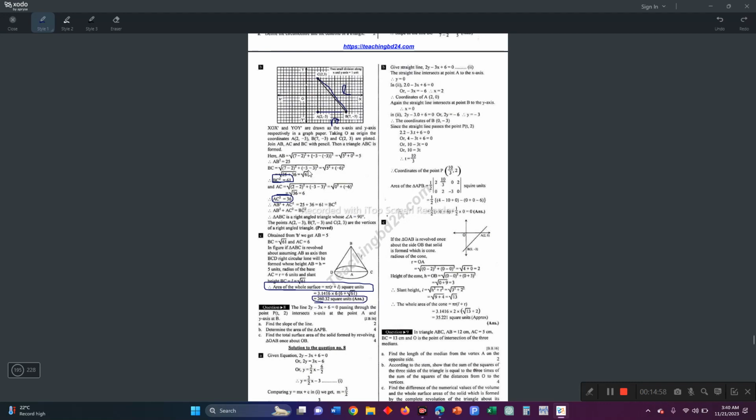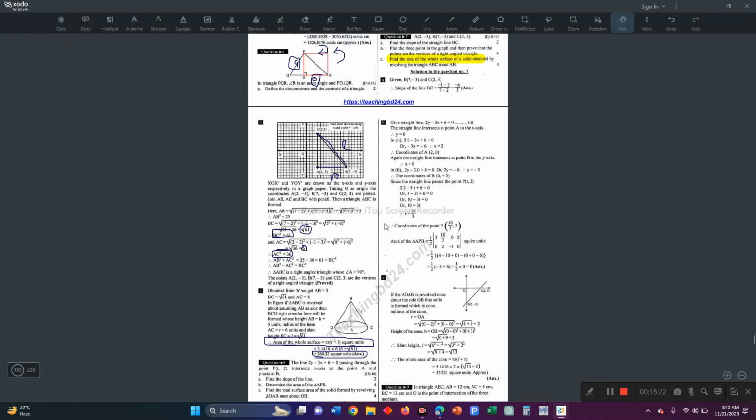For this type of question, the values sometimes may come with a square root, so we don't have to be very much worried about that. By using this formula, pi r into r plus l, we can easily find the area of the whole surface of the right circular cone.